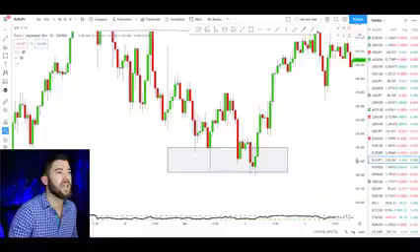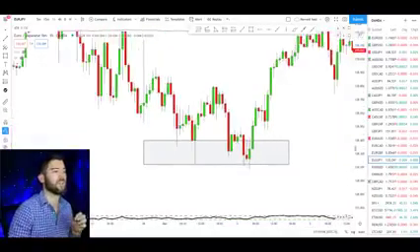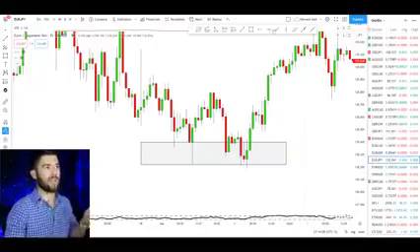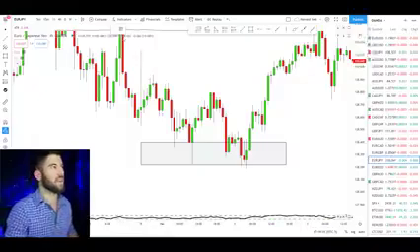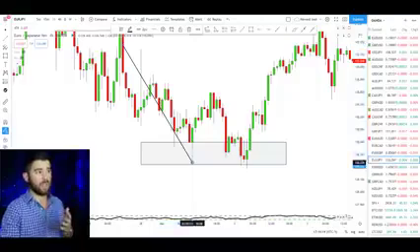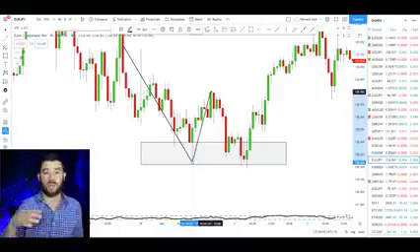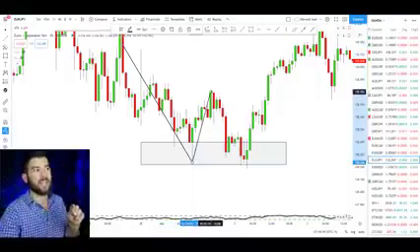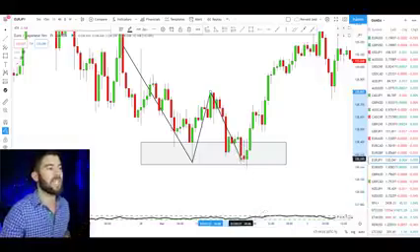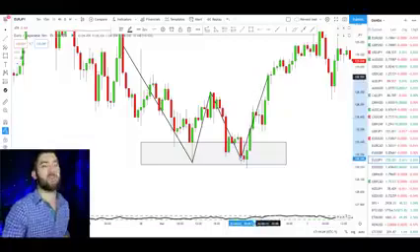For a double bottom, that's what we're looking at right now here on the Euro Yen. For this pattern, what I'm looking for, and the way it looks on a chart, is a market that comes down, creates a level of support, then bounces up to a level of resistance. But instead of continuing down in this downtrend, we come down, we retest this level of support, and we're supported yet again.